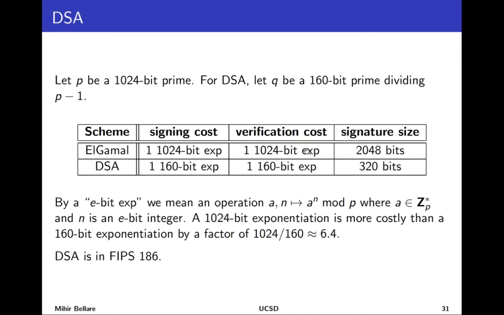So those were the costs here, and this was the signature size. In DSA, they shrank things down so that the exponentiation used a small exponent, and that gave a significant speed increase. So that's explained over here. And this is a Federal Information Processing Standard.